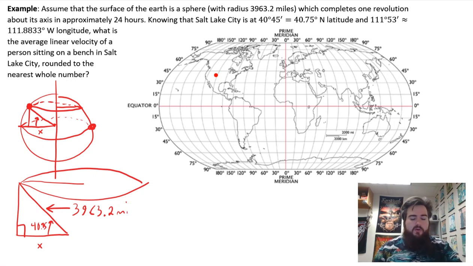So, if I know that angle measure, I want to find x, and I know the hypotenuse, this means I should be using cosine.